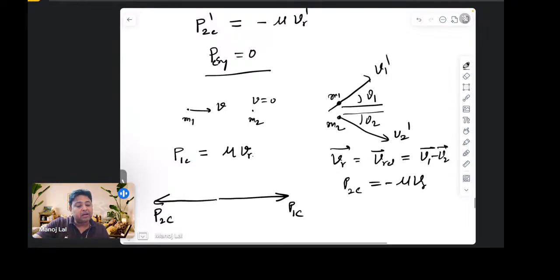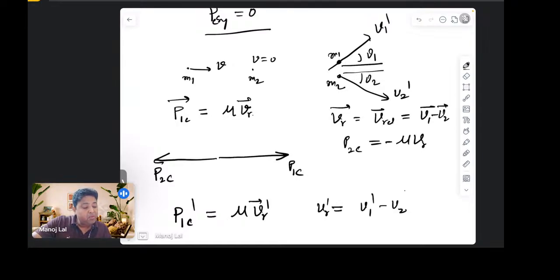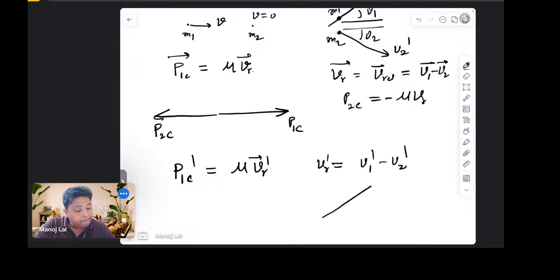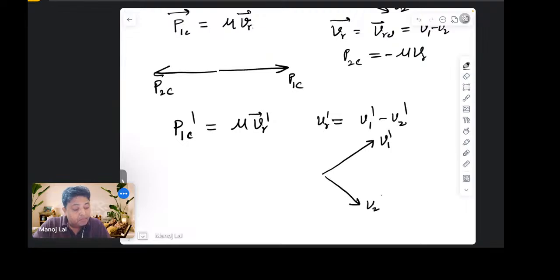And after collision, P1C dash you got is mu V relative dash. V relative dash is basically V1 dash minus V2 dash. So V1 dash and this is V2 dash, so V1 minus V2 is something like that.